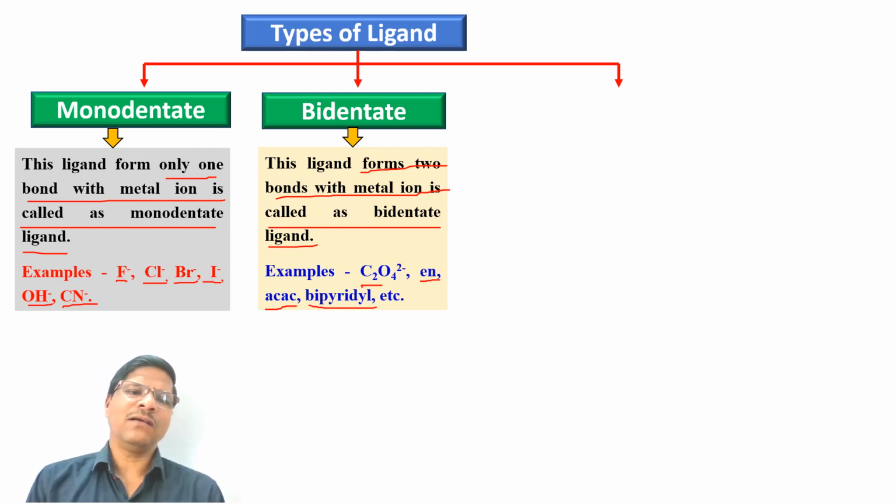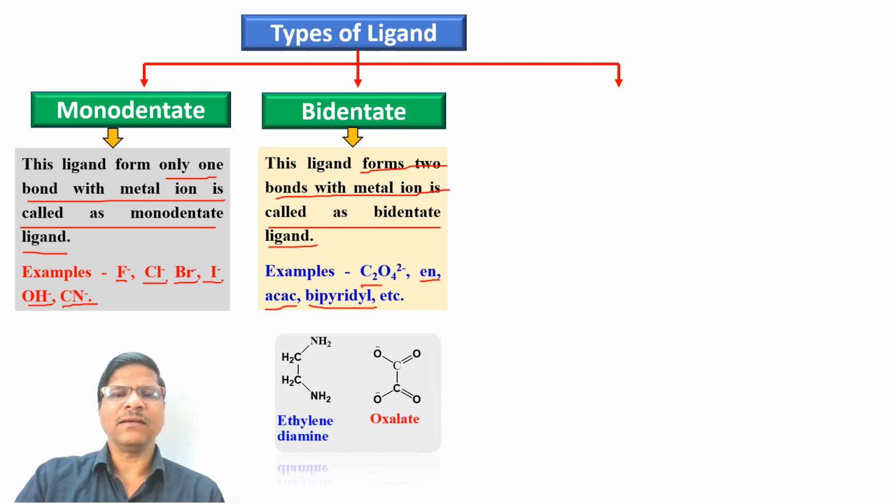All these ligands are bidentate. Each of them has the ability to form two bonds with the central metal ion, and hence they are termed bidentate ligands. I have shown the diagrammatic representation, for example, of ethylene diamine and oxalate.